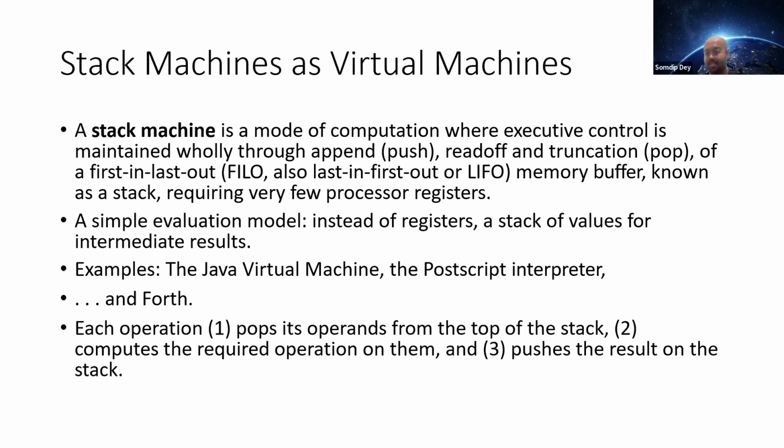Now, this stack machine requires very few processor registers. A simple evaluation model consists of, instead of registers, a stack of values for intermediate results. An example of a stack machine is the Java virtual machine itself, right?